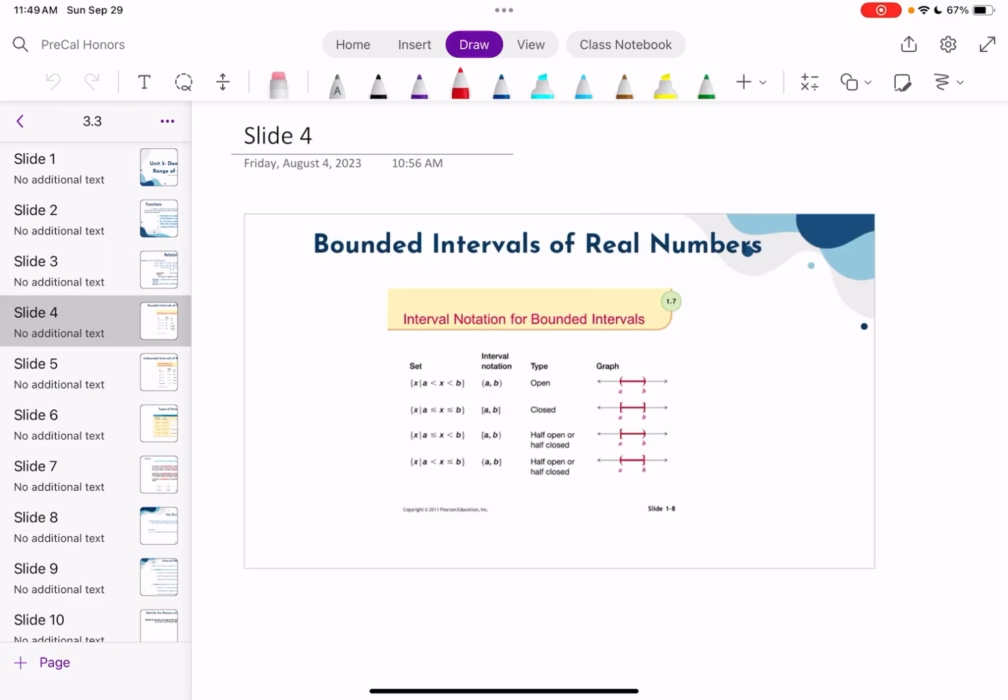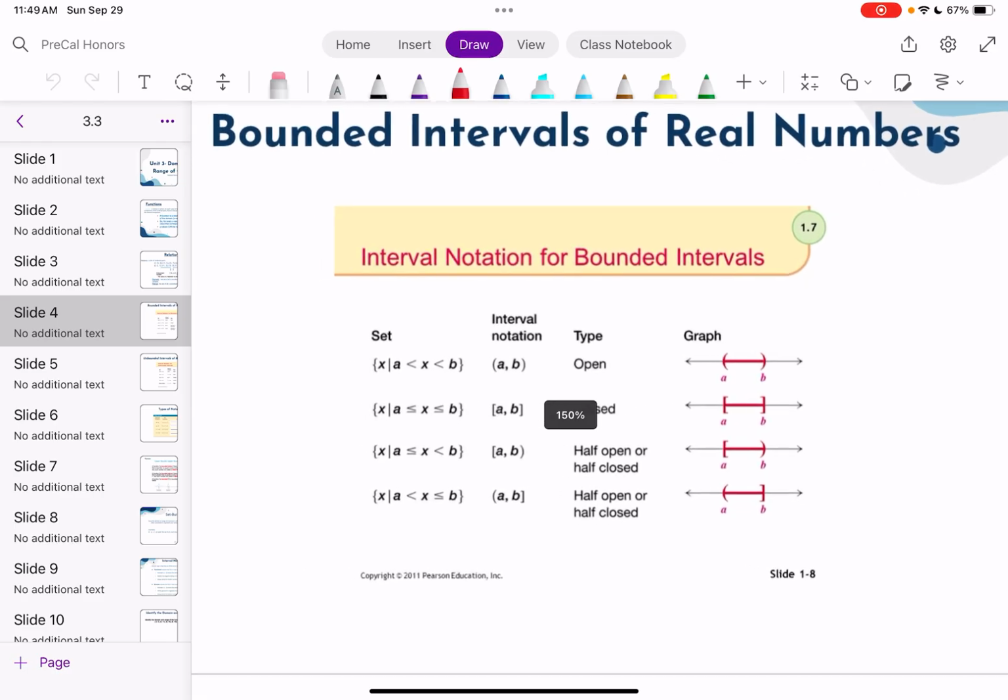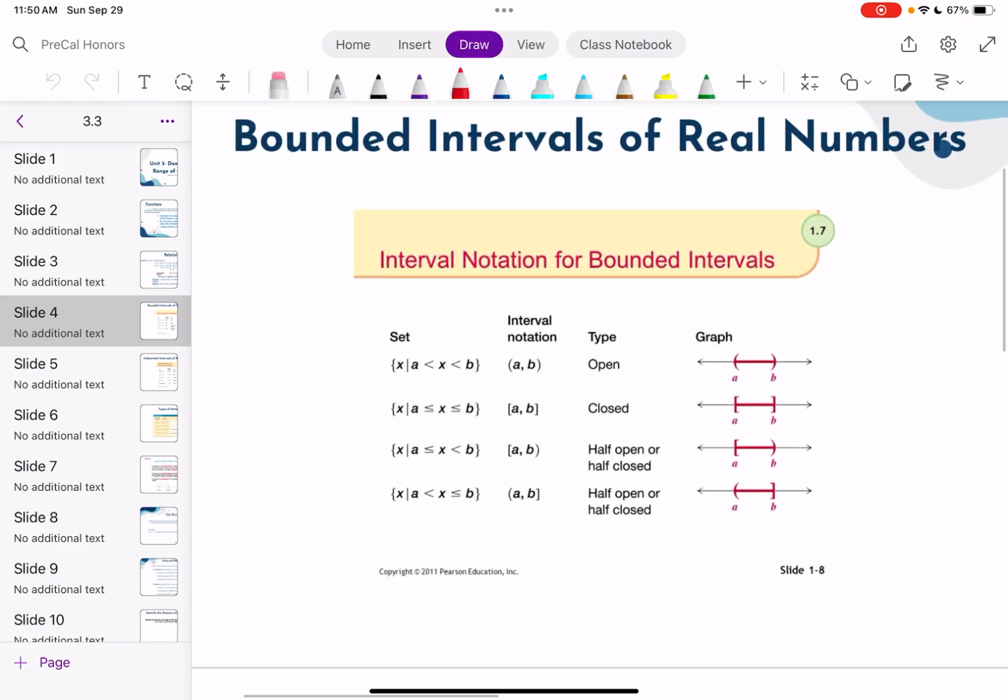We begin to go over in slide 4 the different types of notations. Now, as we are taking a look at set notation, interval notations, and whether it's open, closed, or half open, half closed. So a graph has been given to kind of have a better understanding of what is generally occurring.